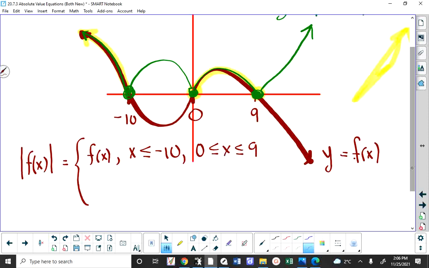to 9. The rest of the absolute value function, the green parts that are not highlighted, those are actually the negative of the function to fold them up. And where does that happen? Where was the original function below the x-axis? X-wise, it was below the x-axis from negative 10 to 0.